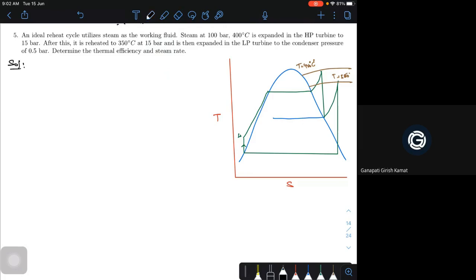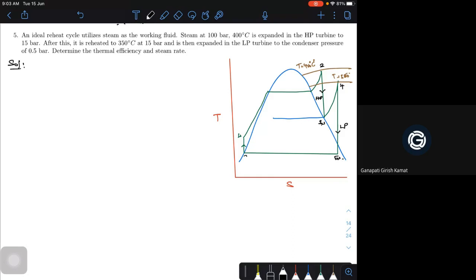Let's try to write the points. So 1 to 2 in the boiler. Then I am going to expand it isentropically to 3s. Wherever it is isentropic, I put s, so instead of 3, I will put 3s. This is the expansion in the high pressure turbine. This is the expansion in the low pressure turbine. I am going to expand it to 5s.